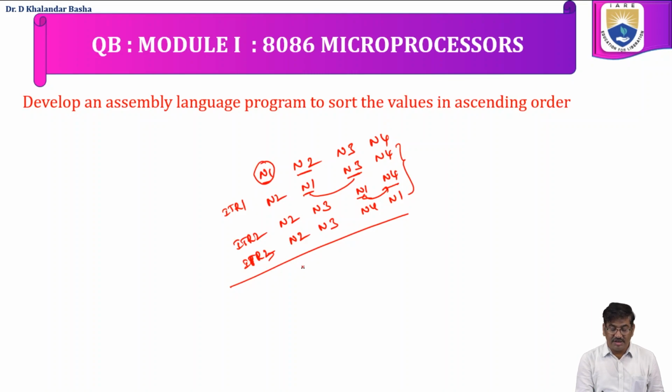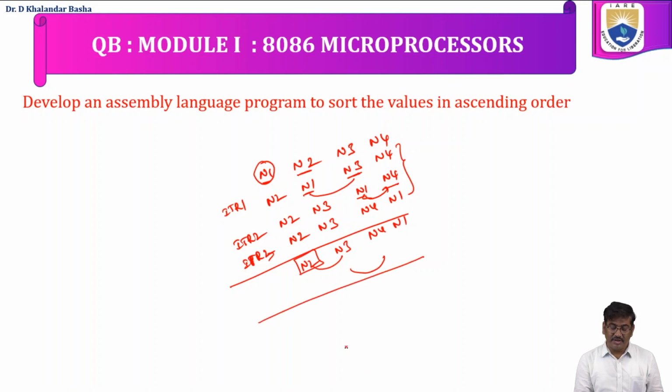In the next round, we check N2, the corresponding position, with the subsequent values N3, then N4, then N1. However, N1 we have already checked, so only these two comparisons are followed.